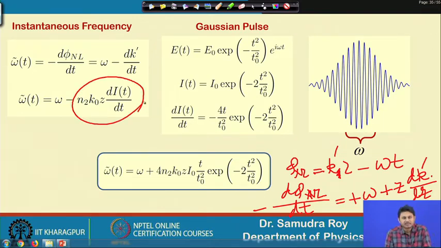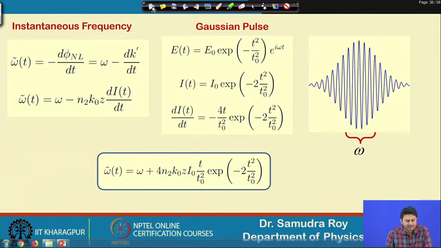So, that means the intensity is involved here, and we know that intensity can be a function of time. If intensity is a function of time and if it is Gaussian in nature, then we can have the instantaneous frequency in our hand. So, this is the expression of a plane wave moving with the frequency omega, and this is a Gaussian field.